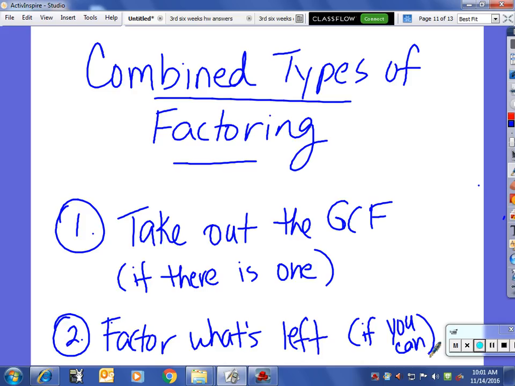Your exponent usually tells you how many factors you should have when you're done. So if you've got an exponent of 2, you should have 2 factors when you're done. If you've got an exponent of 3, you should have 3 factors when you're done, and so on. So if you've got something that still has an exponent in it, you probably want to keep on factoring that part. Example. Let's do some examples.